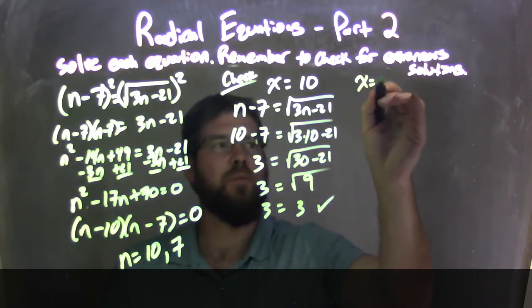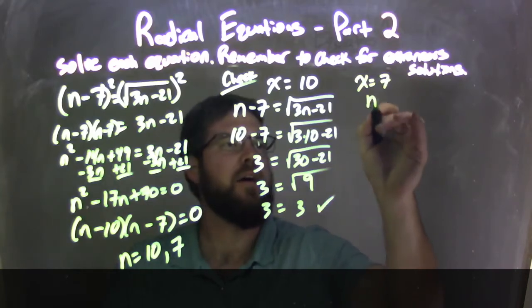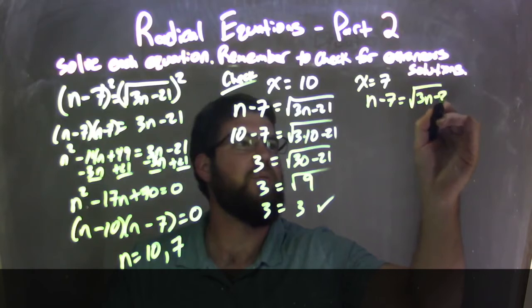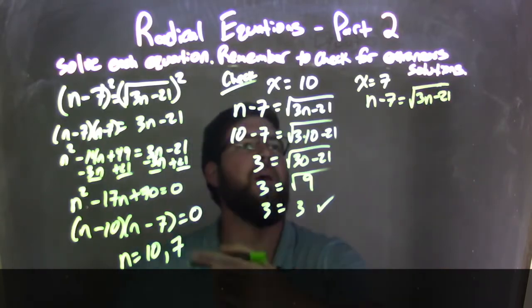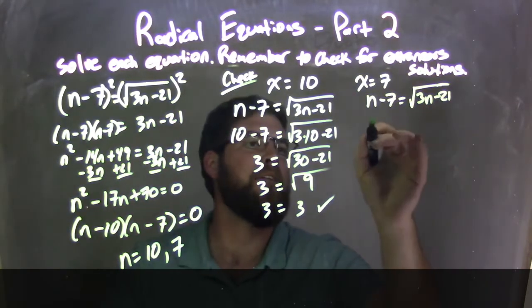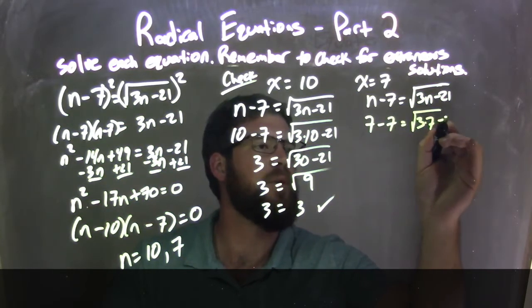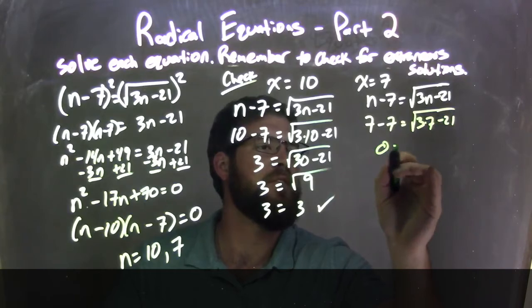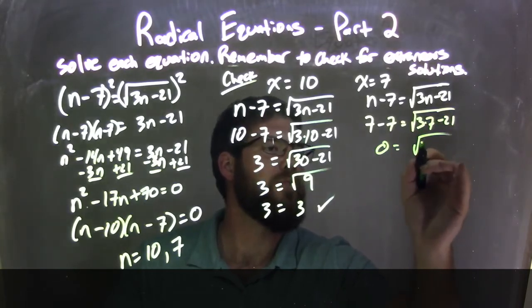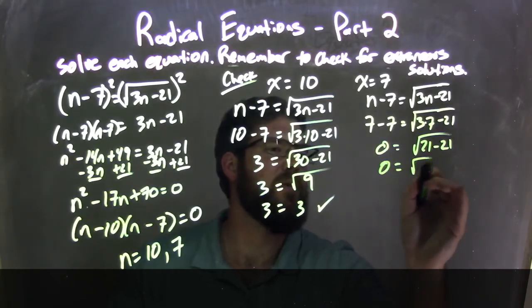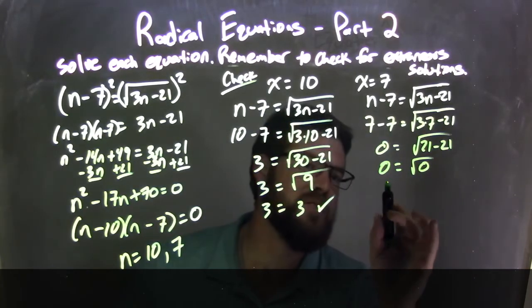We have n equals 7 as the other one we need to check. n minus 7 equals the square root of 3n minus 21. I'm going to plug 7 in for my n value. So 7 minus 7 equals square root of 3 times 7 minus 21. 7 minus 7 is 0. 3 times 7 is 21, and we bring down the minus 21. 21 minus 21 is 0, and the square root of 0 is just 0.